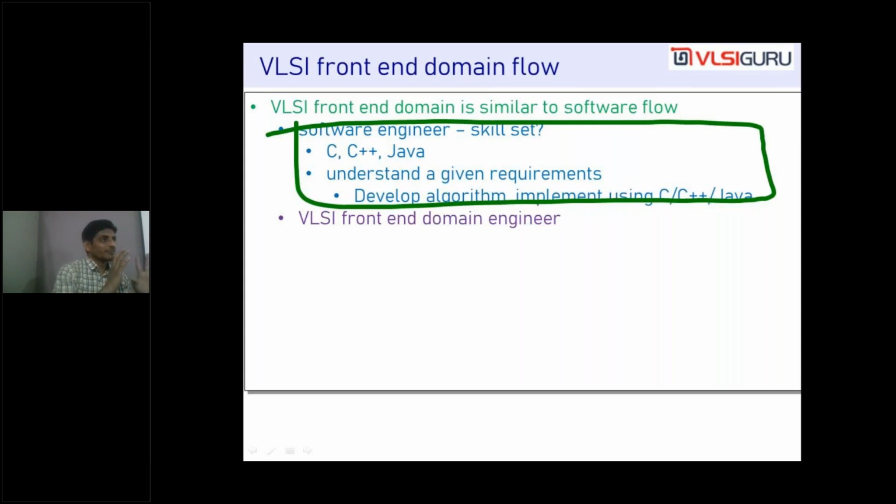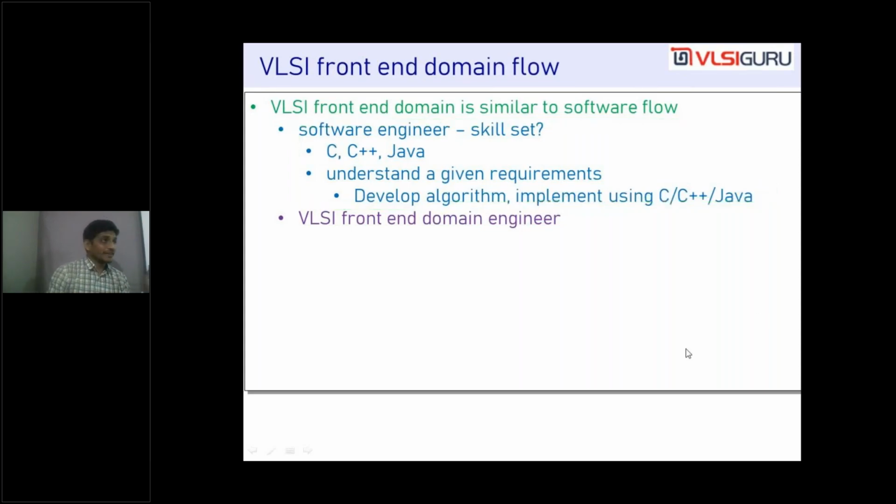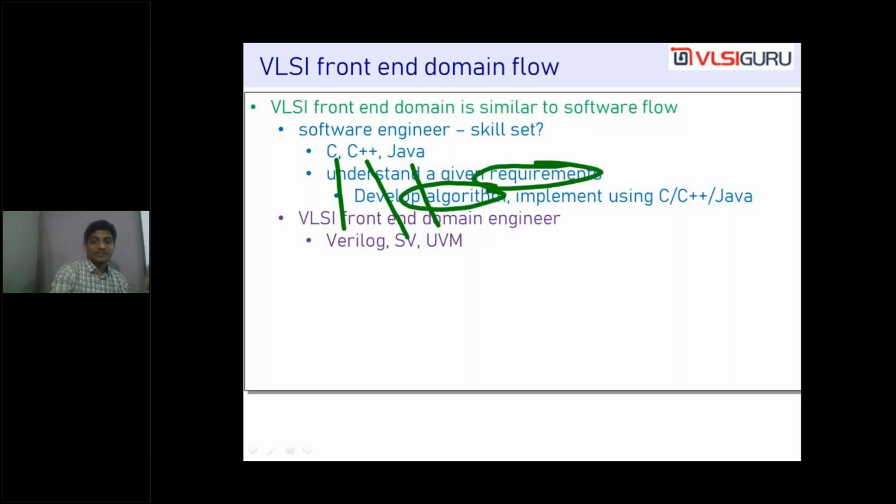A VLSI engineer also does something similar. The VLSI front-end domain engineer first learns Verilog, like C, and SV, like C++, like Java. Again, is it sufficient to learn the languages only? No, right? Like in software, they had to learn algorithms, understand the requirements, then implement the algorithms using these languages.